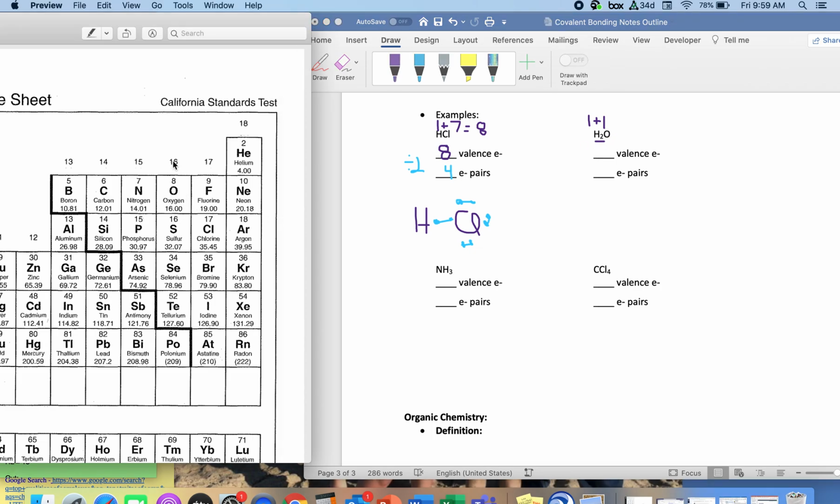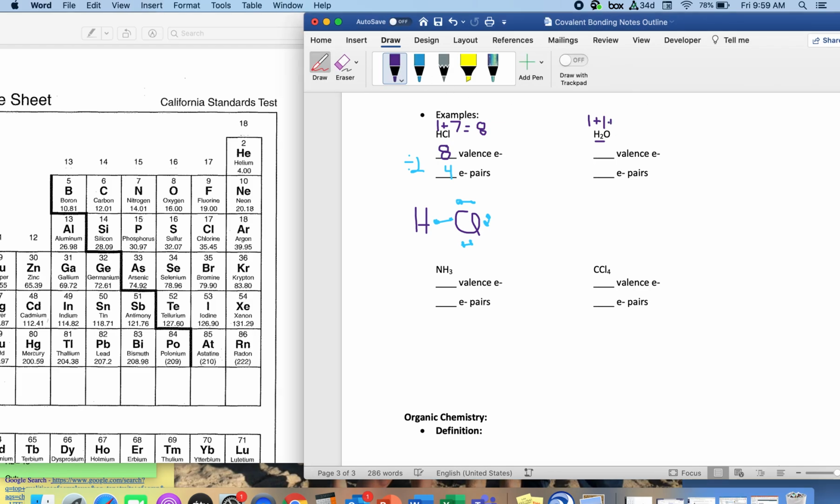Oxygen is over here in group 16, so that's 6 electrons. So I'm going to add in 6. So 1 plus 6 equals 8, right? Okay. So I'm going to have 8 electrons by the time I'm done here.